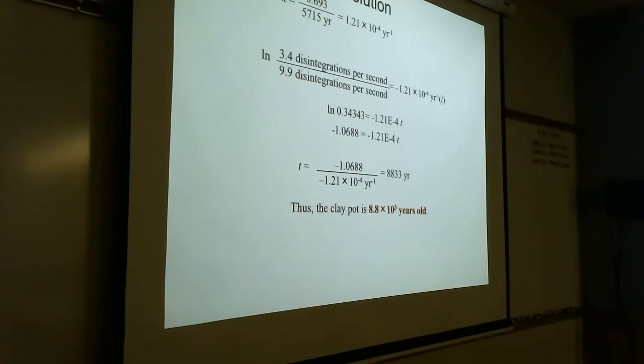So when we round that to sig figs, that would be 8.8 times 10 to the third. Do we agree? Do you get something similar? Any questions on how we obtain this answer?